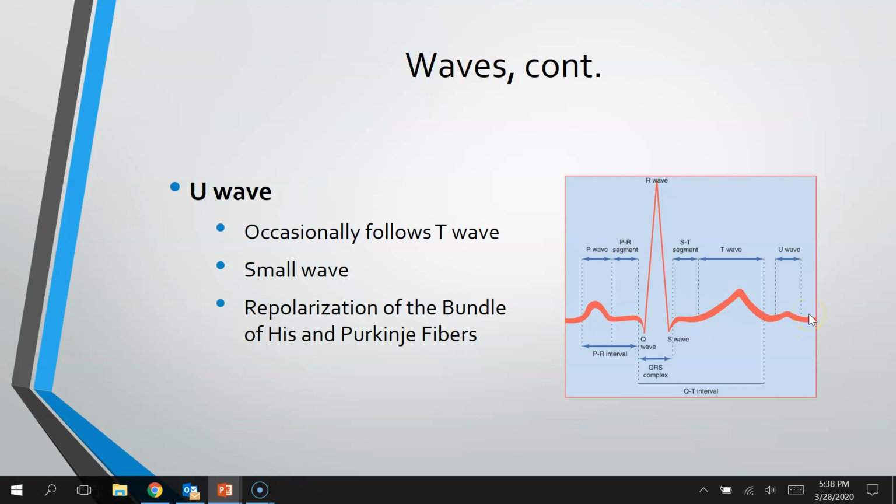It's very, very small. And the U wave actually is the repolarization of the bundle of His and the Purkinje fibers. So we generally aren't seeing that as a large wave. You may see it, but if you don't, don't panic because it just may not show up on the EKG or the screen.